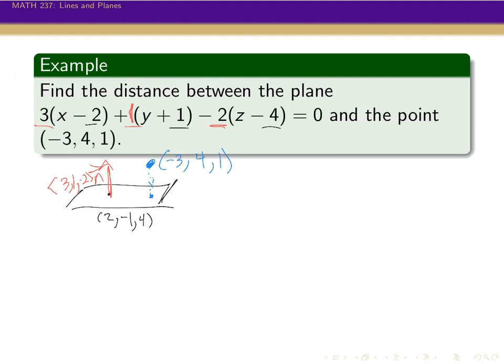Well, if we make this vector right there, going from the point that we know to the point we're trying to find, right? Well, the closest line is going to be perpendicular to the plane, right?